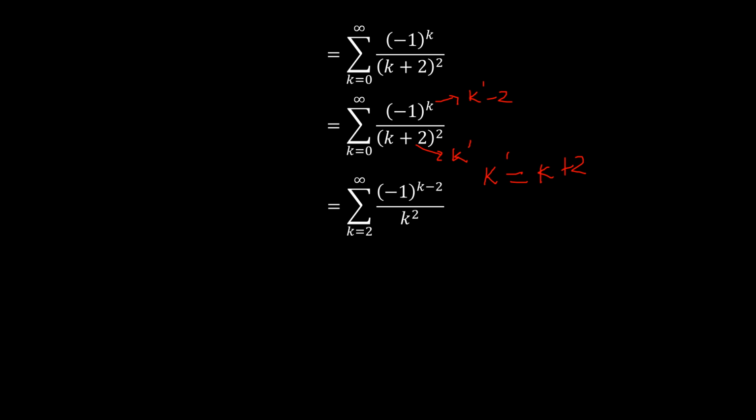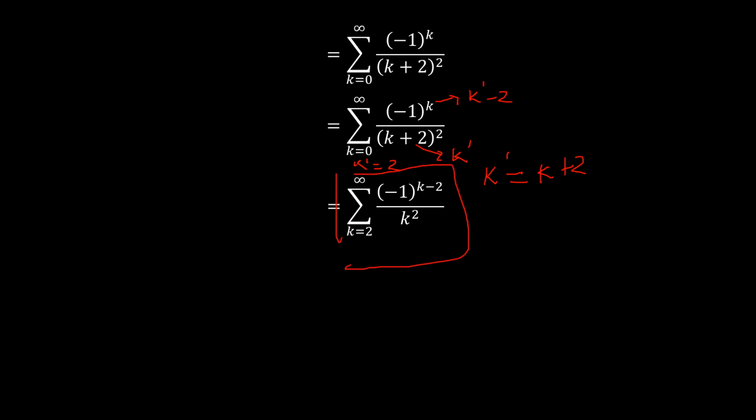And when k is equal to 0, k prime equals 2. And so we can now shuffle back k prime to k, so that's why we get this expression here.